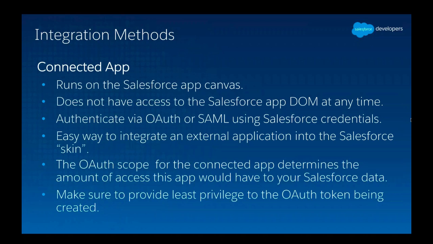What that means, to be more precise and clear, is if there's any vulnerability within your connected app, it runs in an iframe sandbox environment. So the whole Salesforce data or DOM is not exposed to any kind of security vulnerability. You can provide authentication via OAuth or SAML using the Salesforce credential. So it's an easy way to integrate an external application within the Salesforce app canvas without any kind of security risk, so to say.